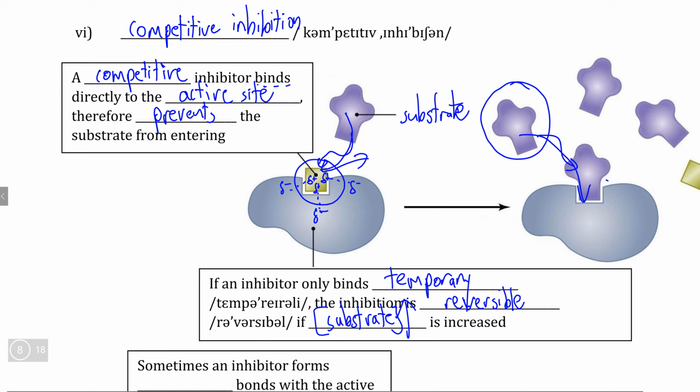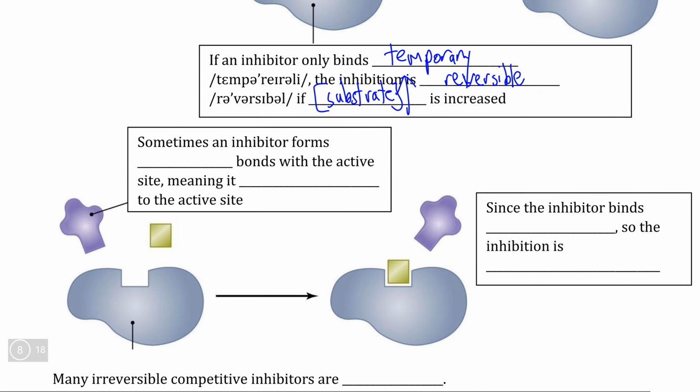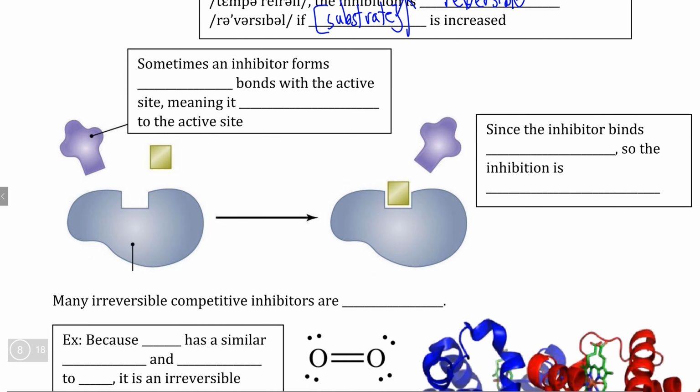However, as we'll see in a number of cases, this action here, the displacement of the inhibitor, is not actually possible, because sometimes the inhibitor will actually form a permanent bond with the active site here. So in this case, it can be one of two things. Number one, the inhibitor can actually form a covalent bond with one of the R groups, or perhaps even the backbone of the active site, or of the protein that composes the active site.